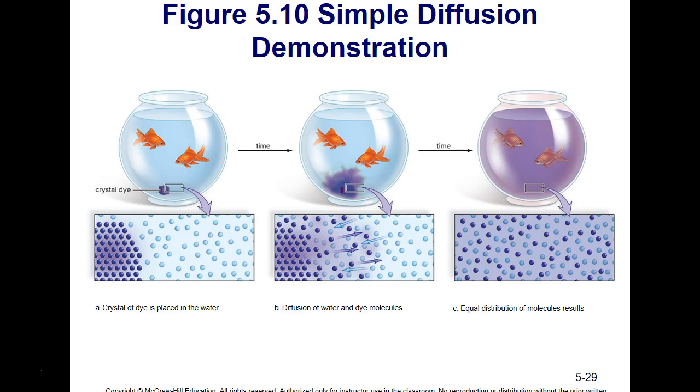So they're going to be equally distributed, which is called dynamic equilibrium, the term that we use in biology, because the dye has stopped moving, the water molecules have stopped moving, and that fishbowl, as you can see, is completely purple now. That's when you have dynamic equilibrium.